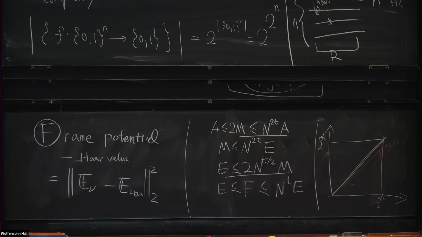So your argument must break down at some point. But whether it's 2 to the n over 2, or 2 to the n, or 4 to the n, that's probably an artifact of the analysis. My guess is that the complexity should grow all the way up to 4 to the n. But that's the status.